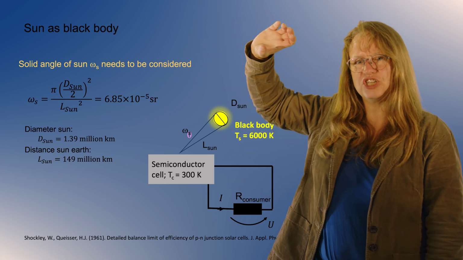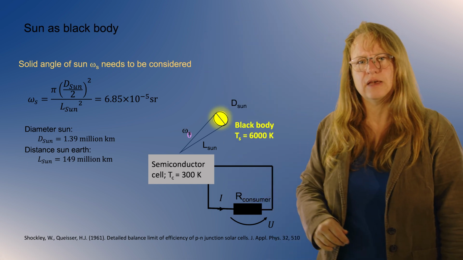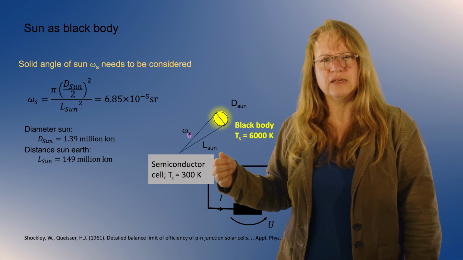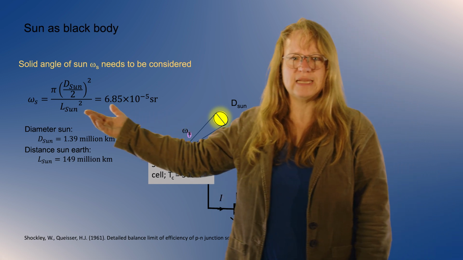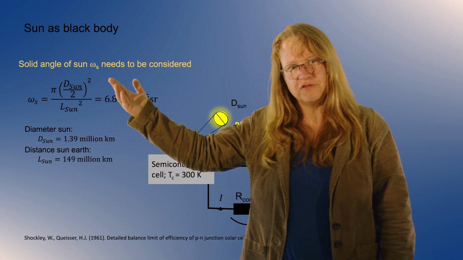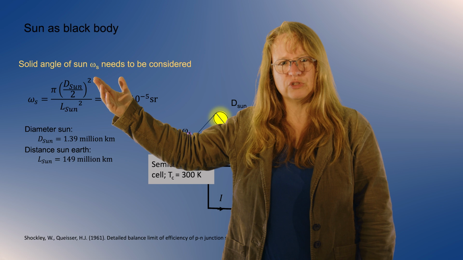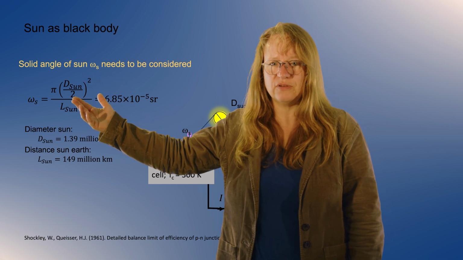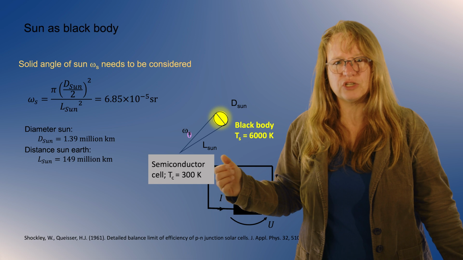By these two parameters, we can then calculate under which angle, so how large the surface of the Sun is as visible from Earth in terms of the solid angle. This is done by taking the surface of the Sun, so that is pi times the diameter of the Sun divided by 2, so pi times r squared.